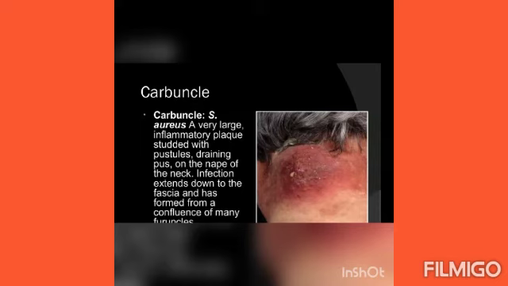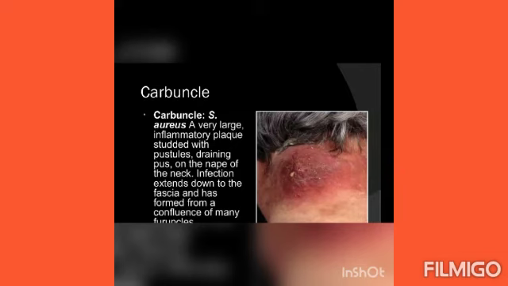Actually, carbuncle is a deep infection of a group of contiguous follicles, and it is a cluster of furuncles, and it manifests as a large, deeply seated, infiltrated nodule studded with numerous superficial pustules and necrotic plaques.